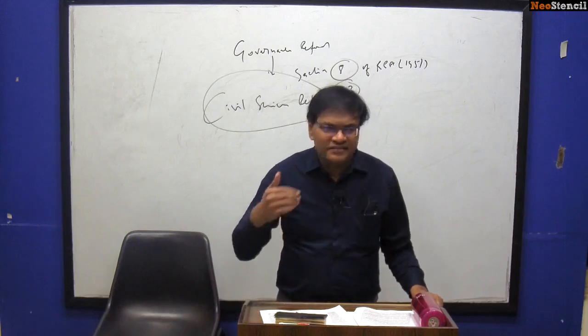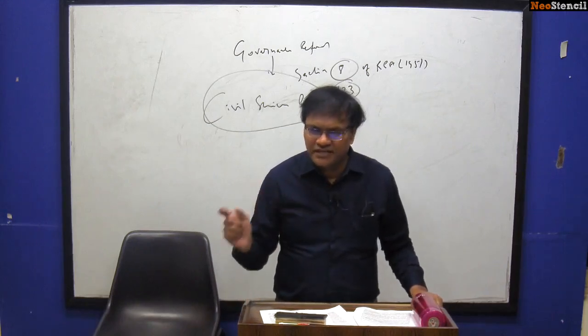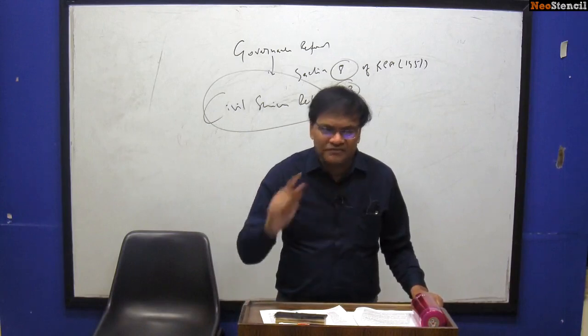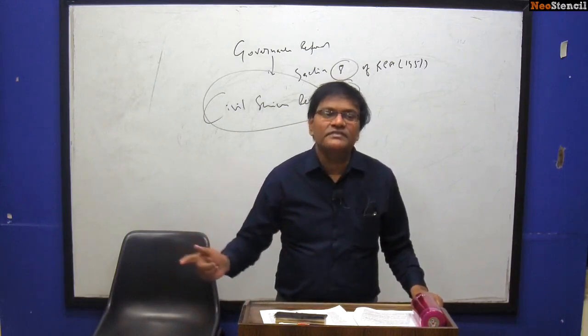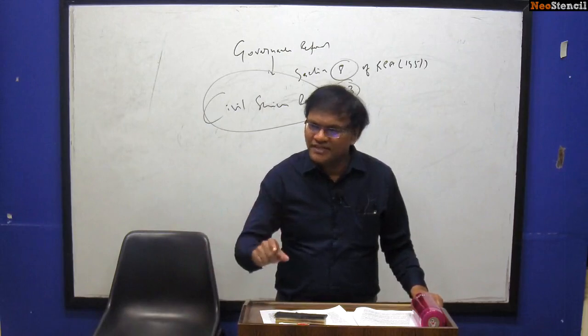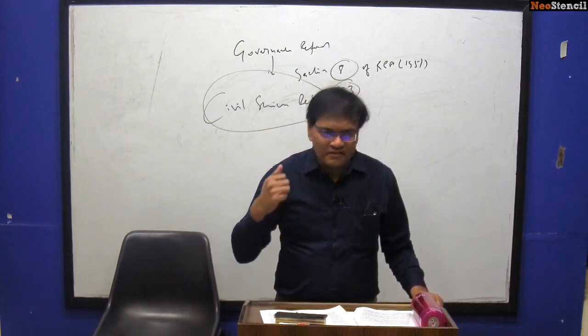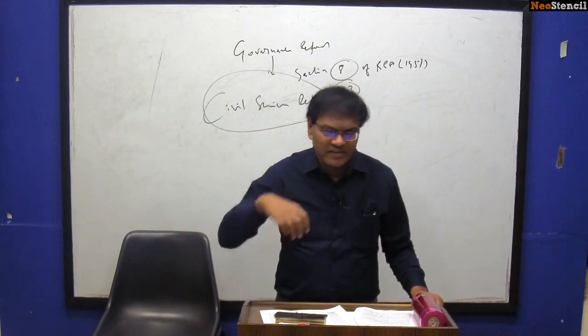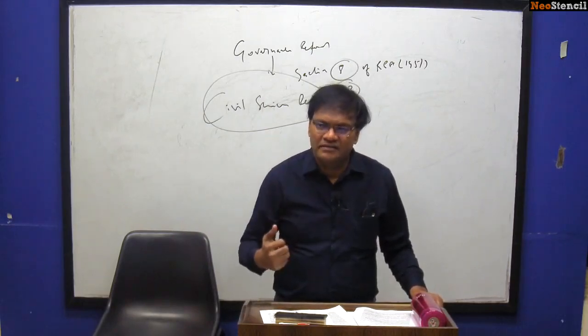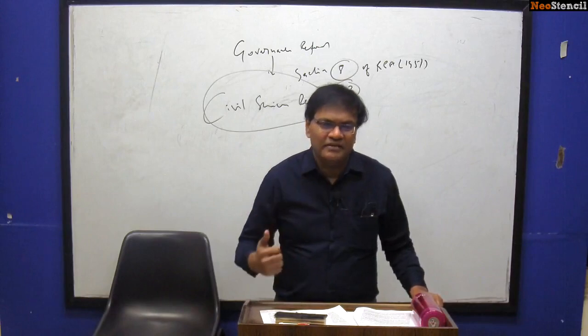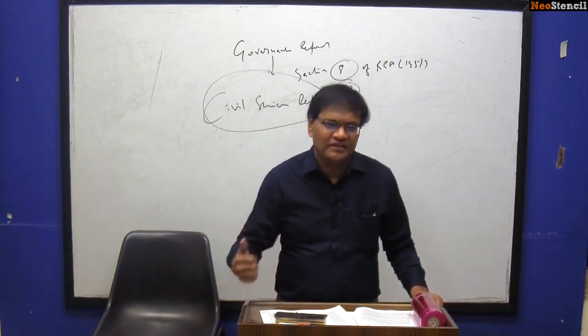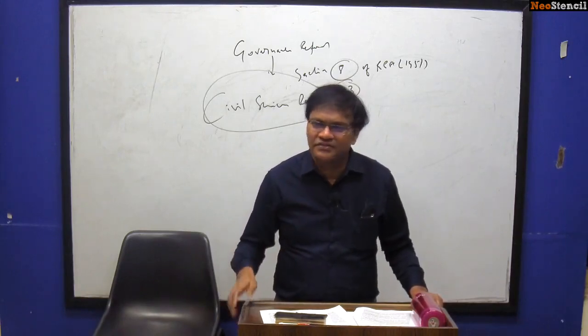Similarly, the single window clearance, as we study in public administration, NPM has failed, digital era of governance. This digital era of governance helps you to again introduce what is called single window clearance of files, re-centralization of government. Next, B2B, B2C, G2C, G2B, all these solutions.